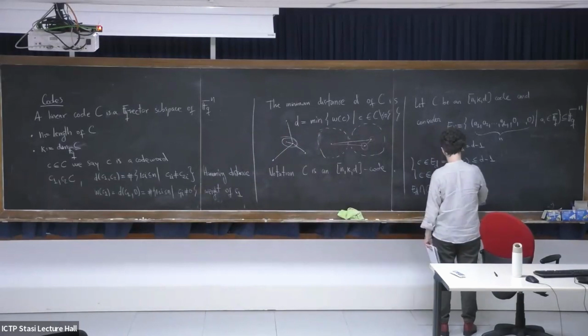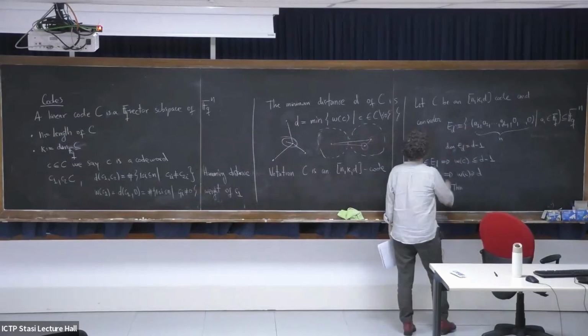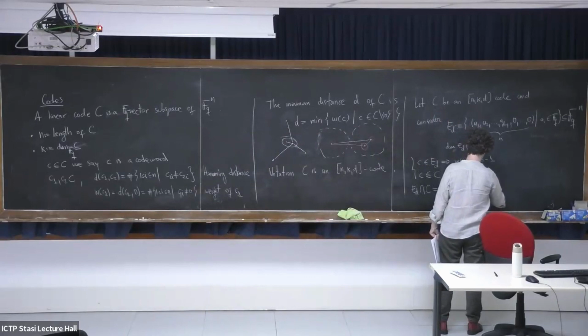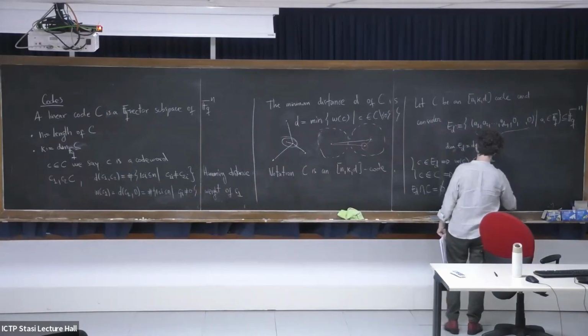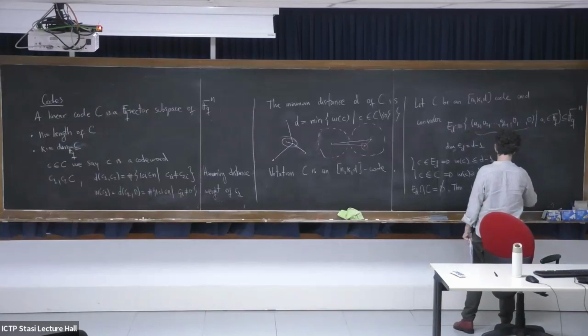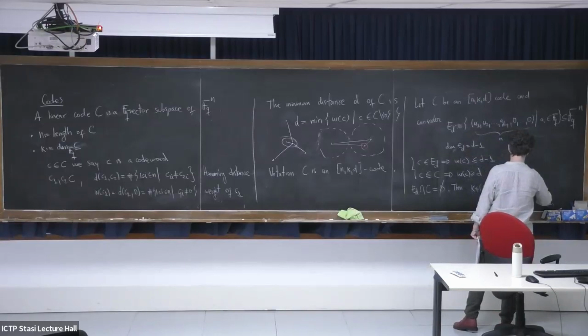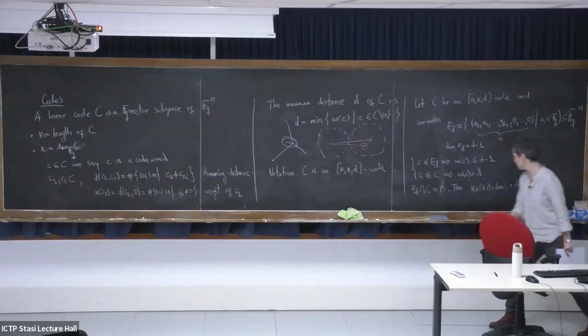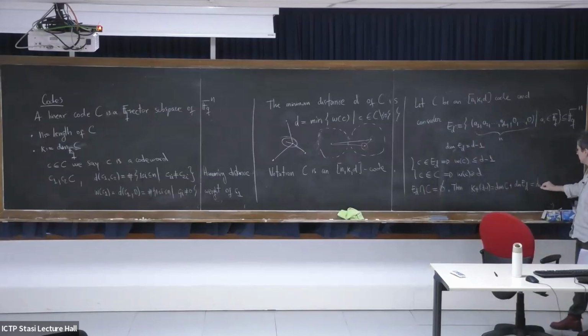So if I just take this code, C has dimension k. So k plus d minus 1 is the dimension of C plus the dimension of A_d. And since they have no intersection, this is the dimension of C plus A_d, which has to be a subvector space of F_q to the n.